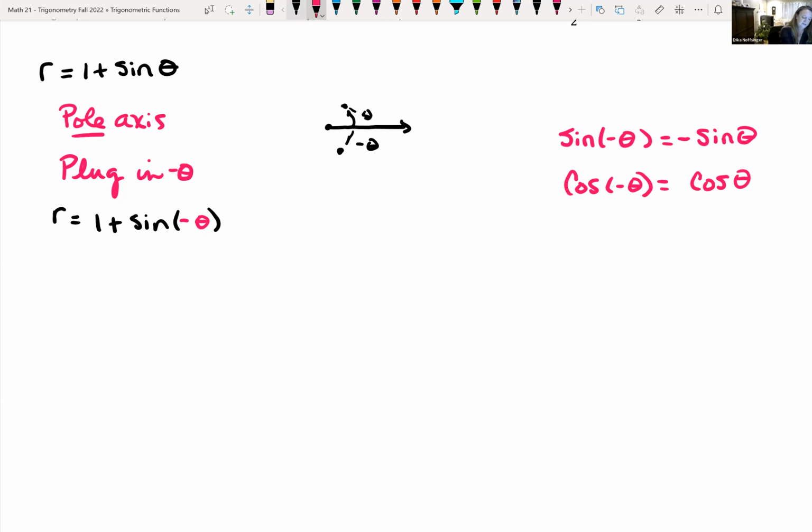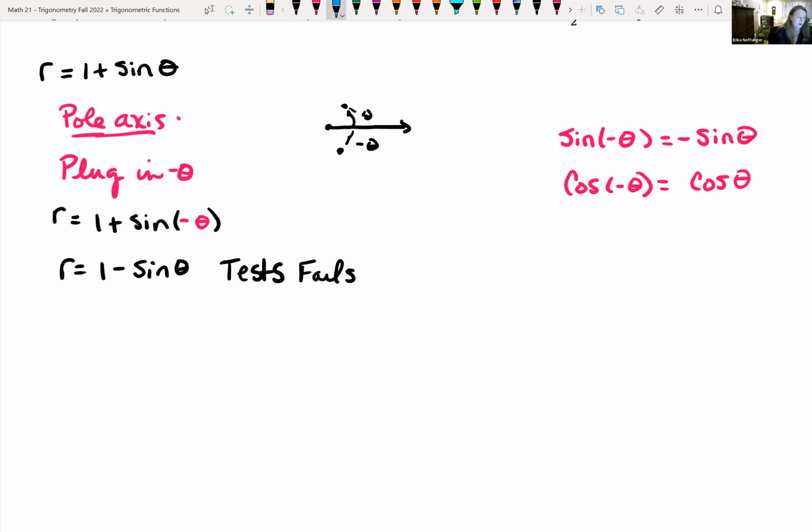And so this r is not the same as our original. So this is 1 minus sine theta. This doesn't mean it's not symmetrical across the polar axis, but this test fails, and so it might not be symmetrical. Okay, so that was for the polar axis.